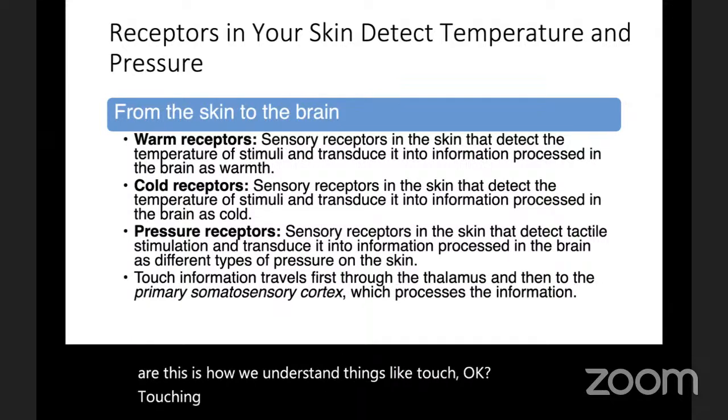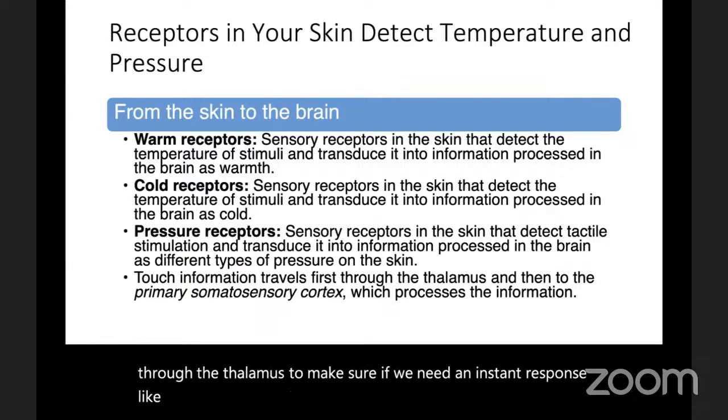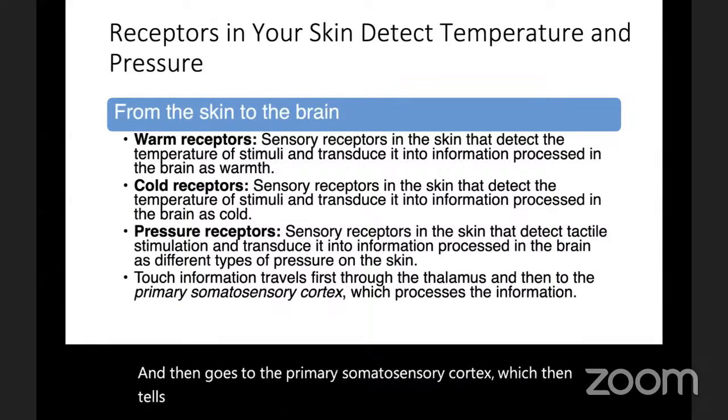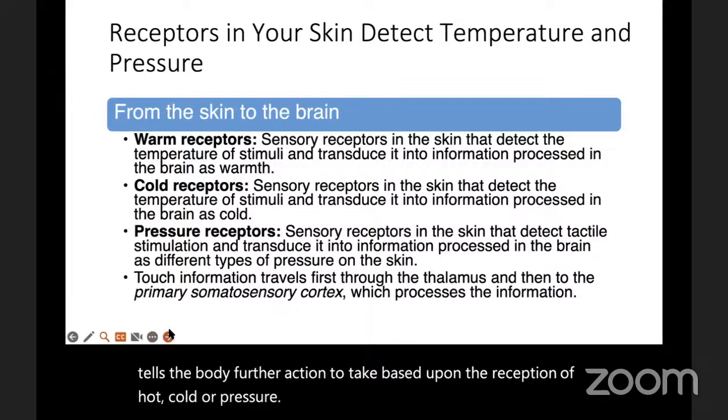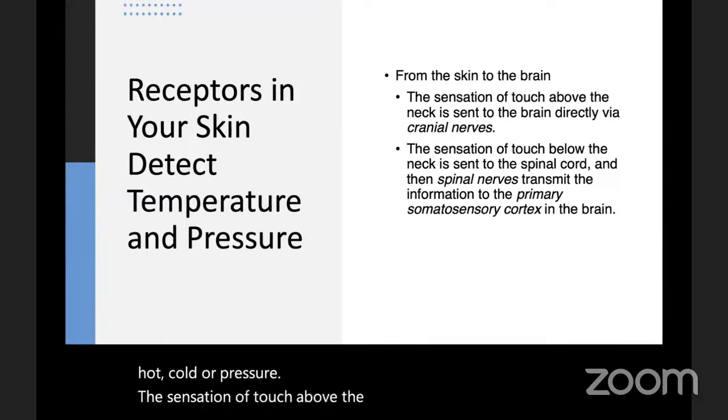Touch information travels, again, all of this information travels through the thalamus to make sure if we need an instant response, like putting our hand on a stove, and then goes to the primary somatosensory cortex, which then tells the body further action to take based upon the reception of hot, cold, or pressure. The sensation of touch above the neck is sent to the brain directly via the cranial nerve.